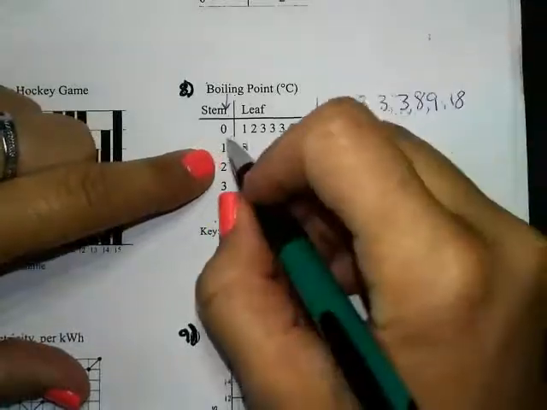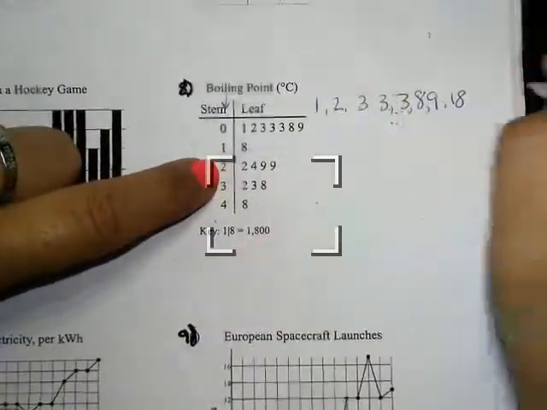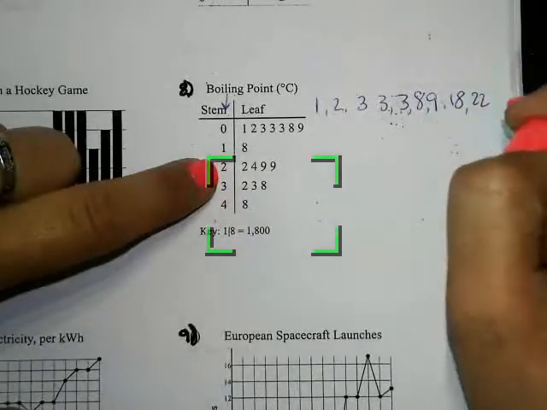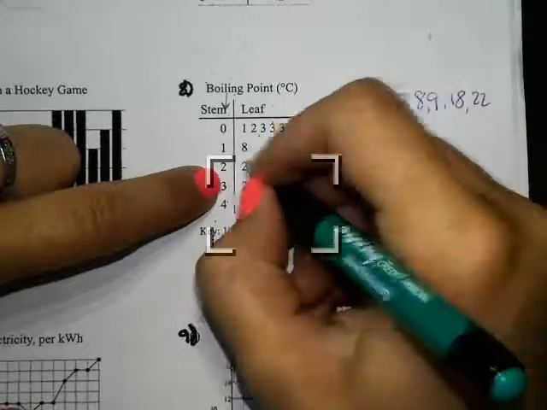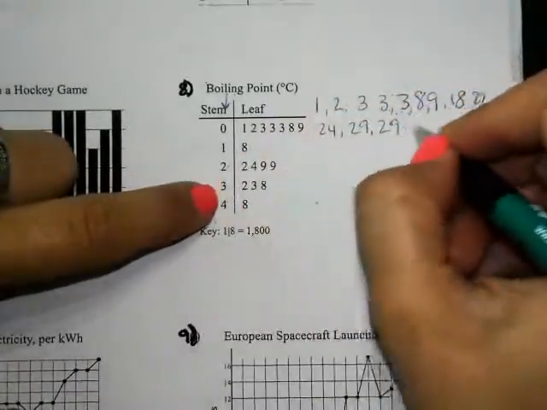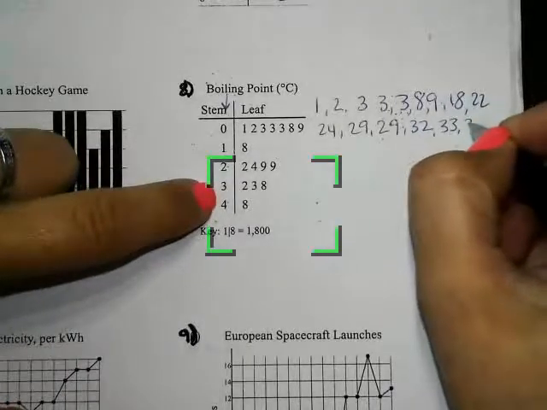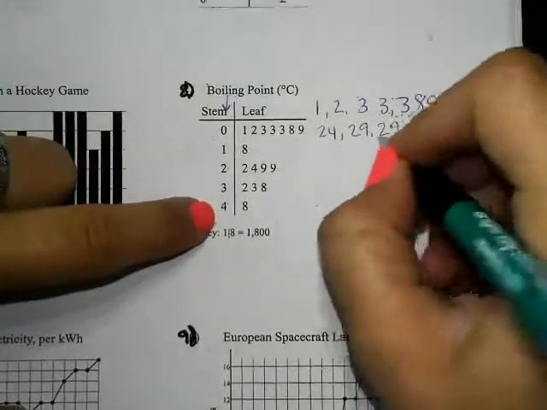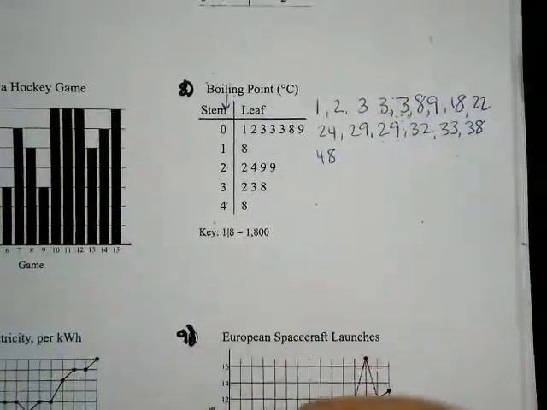Okay, see the 1 and the 8? Then you have 22, 24, 29, 29, 32, 33, 38, and then you have 48. Okay?